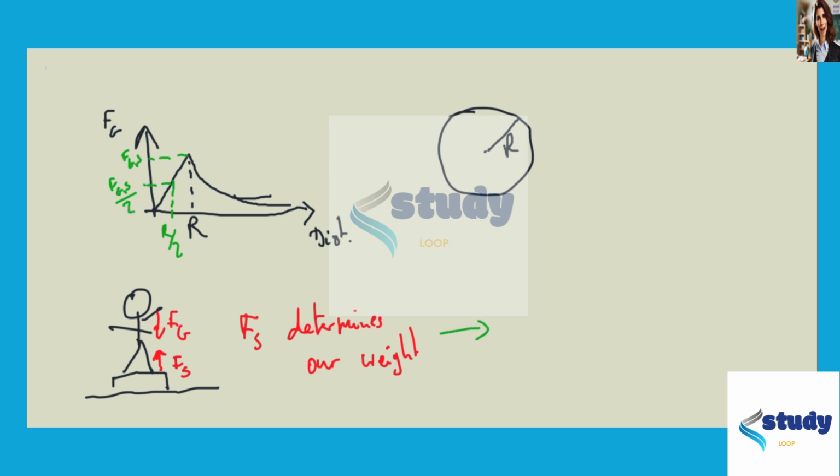And therefore, if this force is only half as big, also the supporting force at R half is only the gravitational force at the surface halved. So our weight is only half as big.